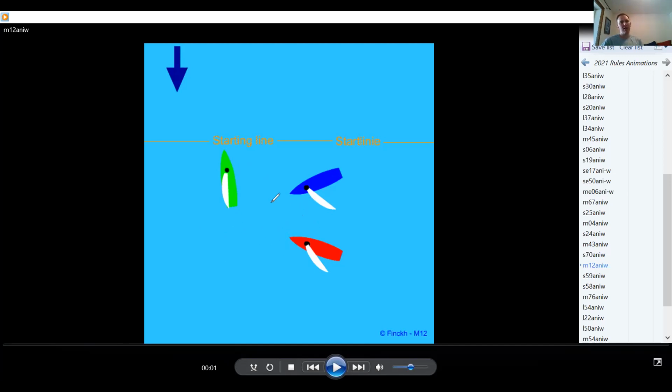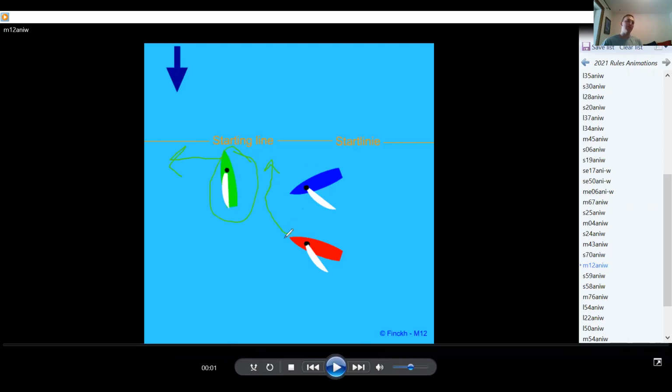Just from a strategy standpoint, and this is more for next week, I guess, red would want to push blue up if red wants to start right here. If red can head to wind here to push blue up, allow green to go down here, then red has room to start right here.